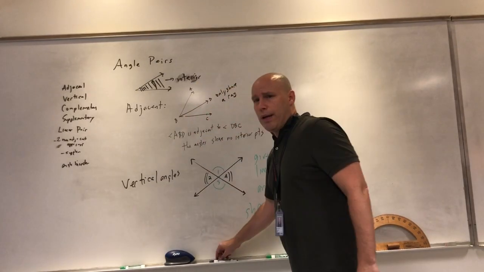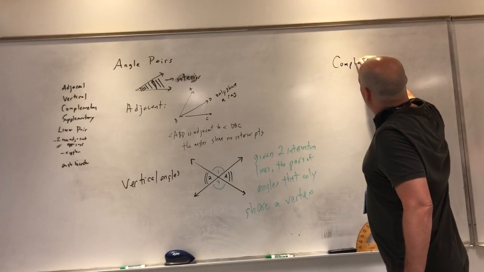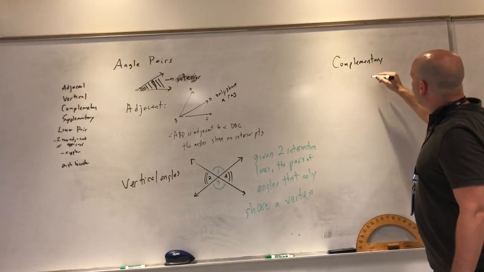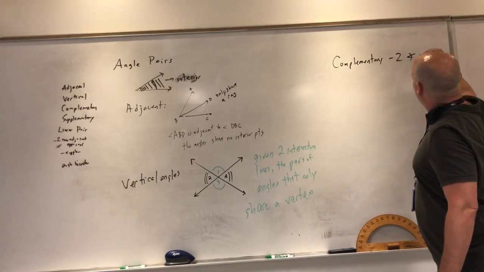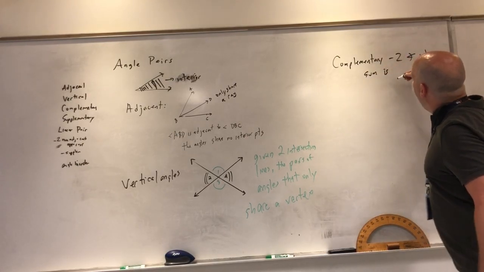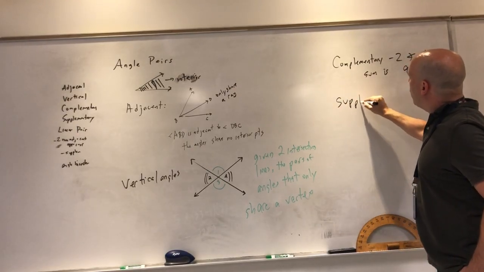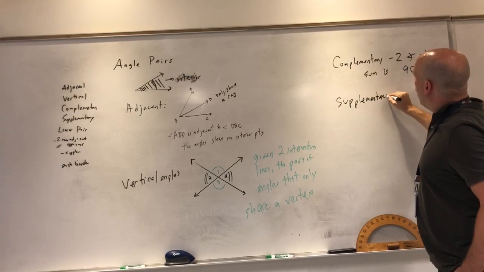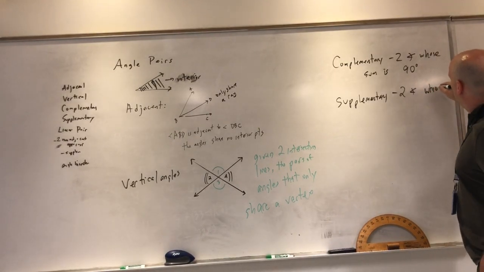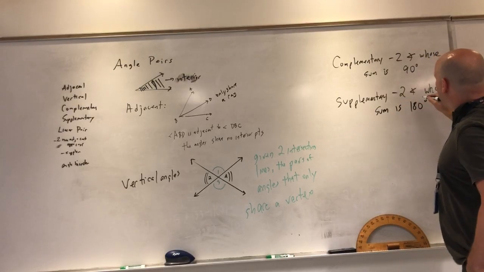Next, complementary and supplementary. Complementary are two angles whose sum is 90 degrees, and supplementary are two angles whose sum is 180 degrees.